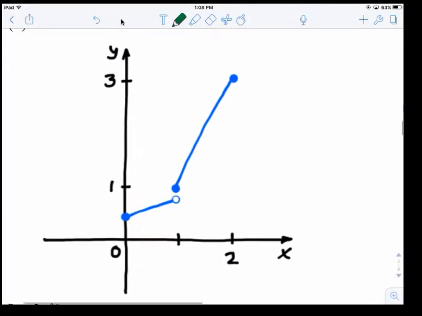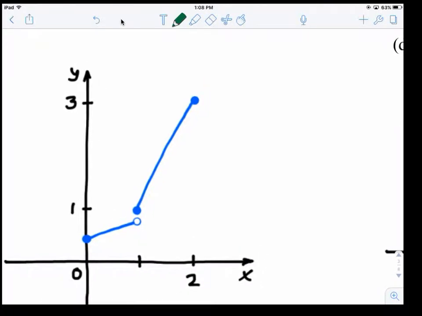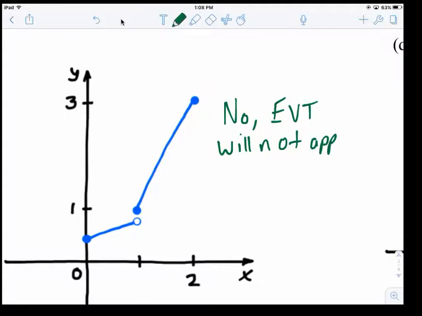All right, what about c? Right, we have a jump there at x equals 1, so it will not apply. Correct. Not continuous at x equals 1.